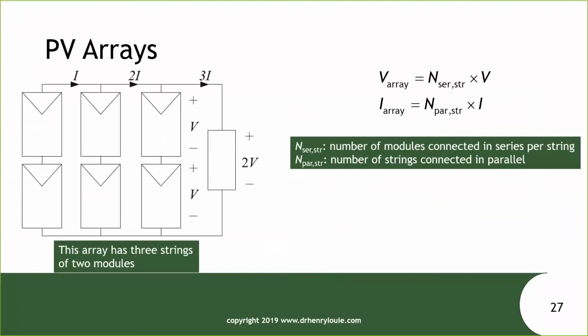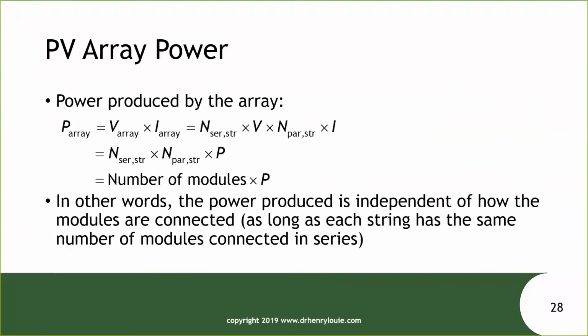By connecting it together like this, we've doubled the output voltage because we have two modules connected in series for each string, and we've tripled the output current because we have 3 strings. So by adding more modules in parallel, you increase the current, and adding more modules per string, you increase the voltage. Now, the great thing about PV modules is if you want to know the power production of an entire array, you simply look at the power production of any one of the modules and you multiply it by the number of modules.